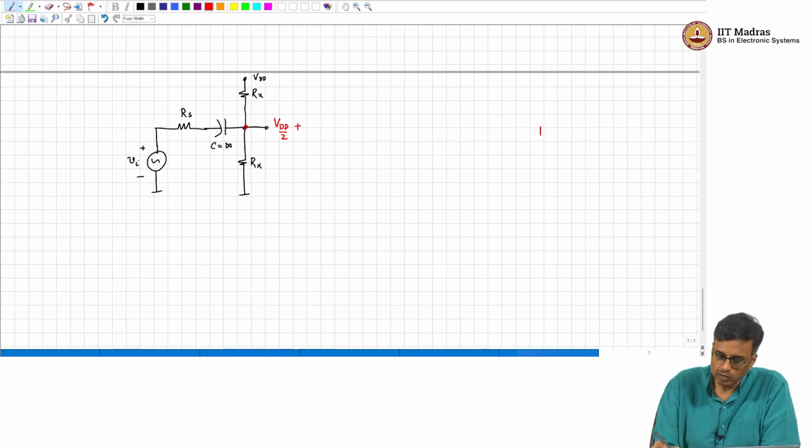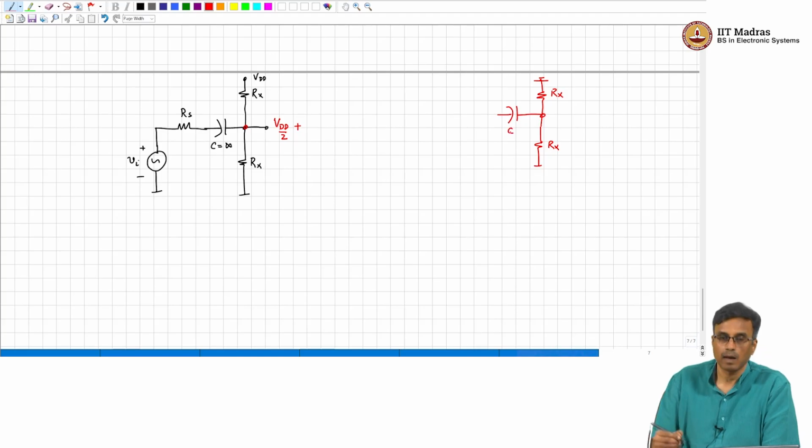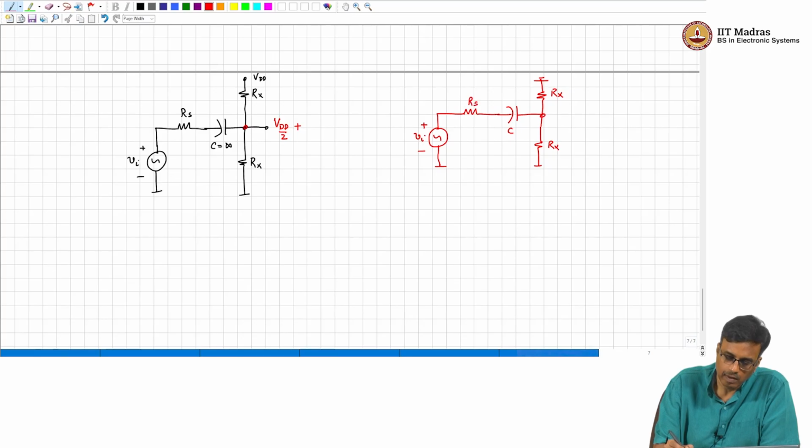So, VDD is 0. So, basically we set VDD to 0. Rx, Rx, this is C, all right, and this is Vi, this is Rs.